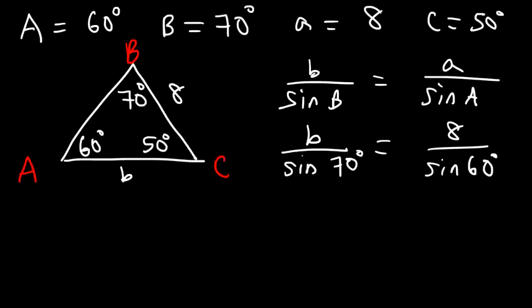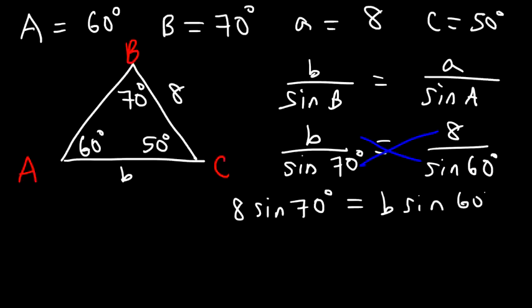Now, in order to find the value of B, we need to cross multiply. So this is going to be 8 sine 70, which is equal to B times sine of 60. Now, in order to isolate B by itself, let's divide both sides by sine 60.